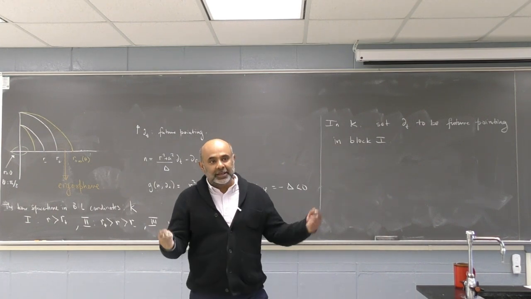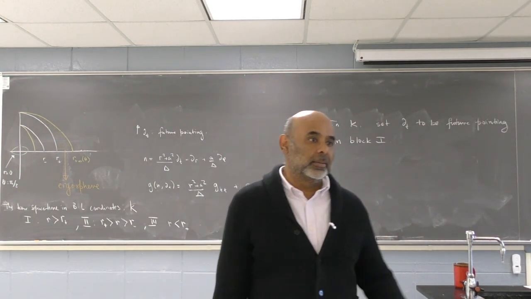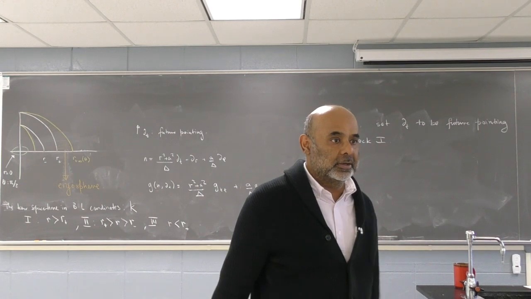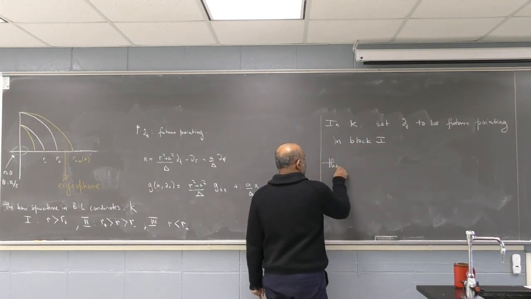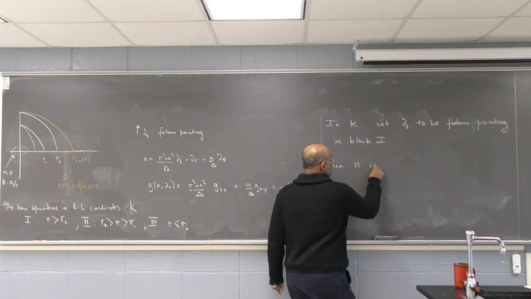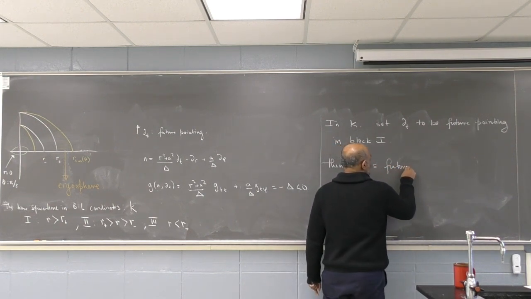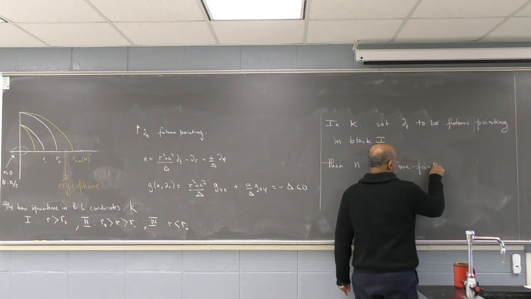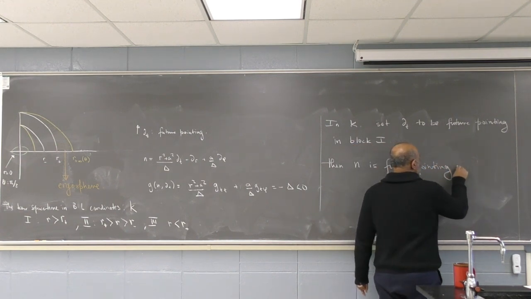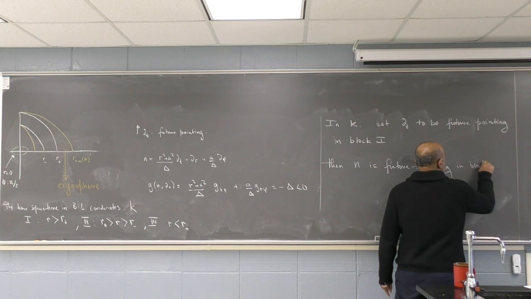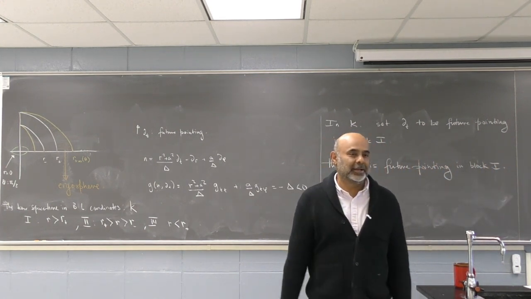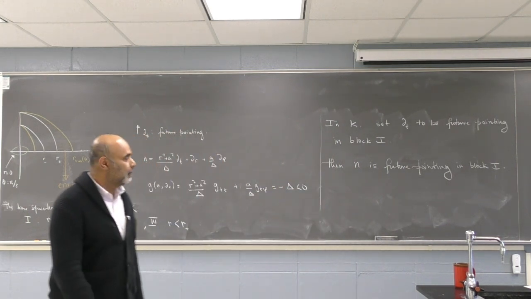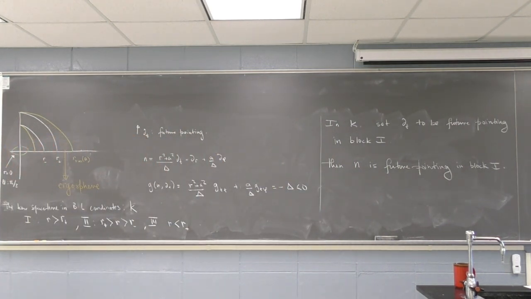We should not be hasty enough to set it future pointing in block 2 because the metric is singular. So then we know n is future pointing in block 1. Did I get notation heavy? Any questions? Just for clarity.